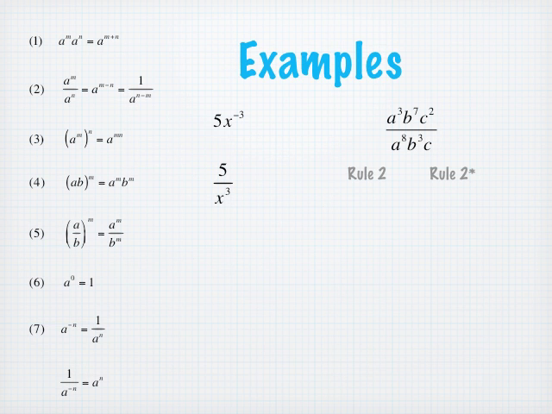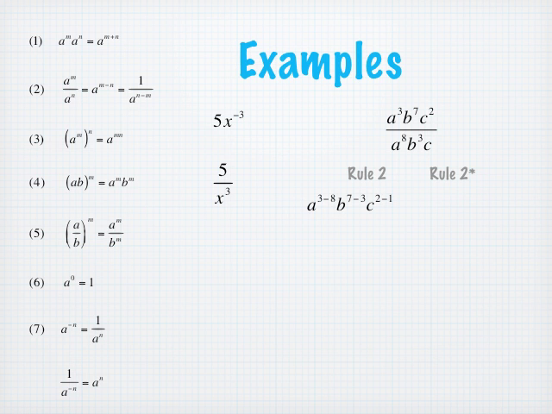We'll do the next example using just plain old original rule 2, and then we'll use it using our new improved rule 2. So with plain old original rule 2, I have common bases of a's, so I have 3 minus 8 would be the exponent for a, 7 minus 3 would be my exponent for b, and 2 minus 1 would be my exponent for c. Absolutely nothing wrong with doing it this way. It will work just fine.